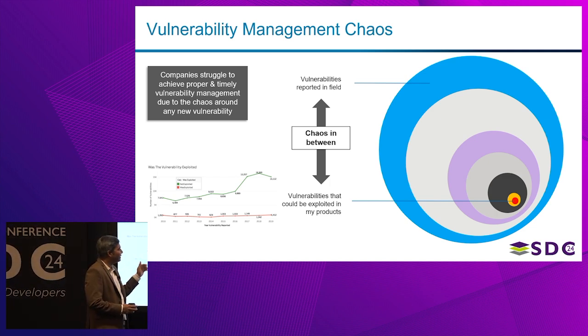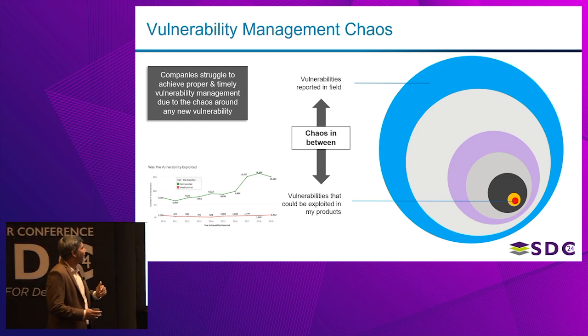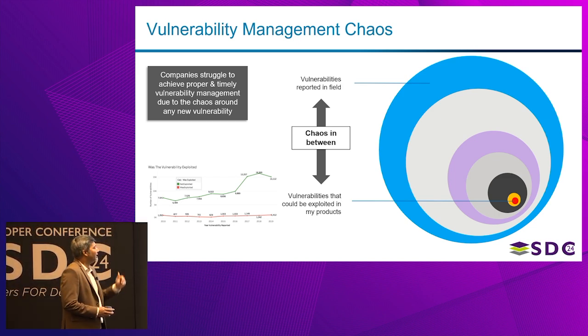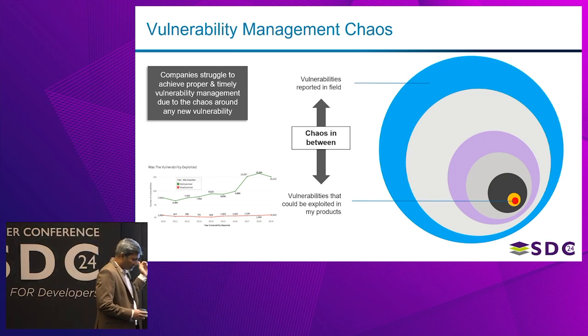And this is exactly what we are trying to address in this talk, where we let organizations know that amongst all the vulnerabilities that you have, what is it that you really need to focus on?